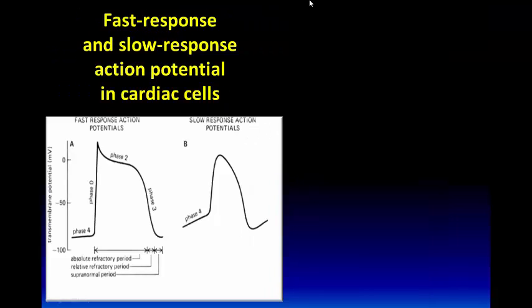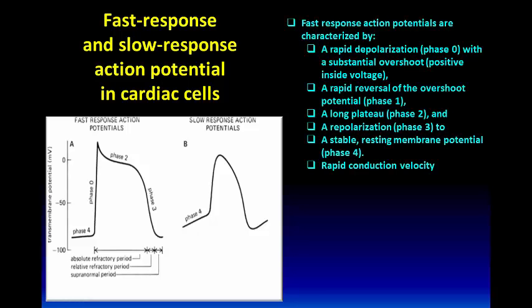So now let's very briefly describe the ionic basis of the fast and slow response action potential. Fast response action potentials are characterized by, on the x-axis we have time, and on the y-axis we have the transmembrane potential, the voltage across the membrane in millivolts.